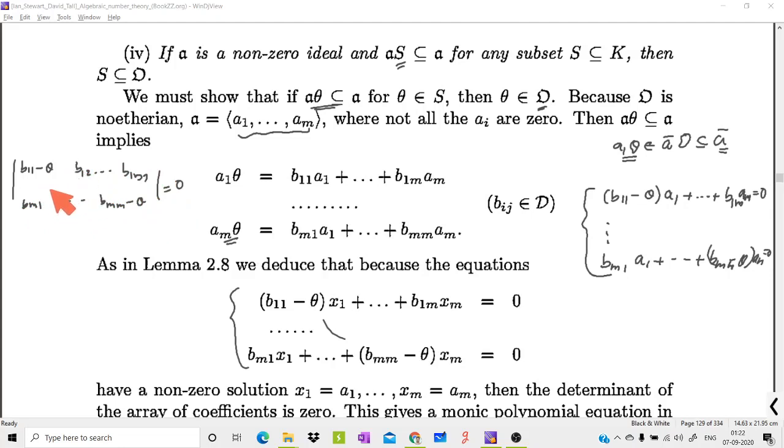When we expand this we get a monic polynomial in theta whose coefficients bij are elements of O. So theta satisfies a monic polynomial whose coefficients are from O. Then we can say that this theta is an element of O. This proves result 4.